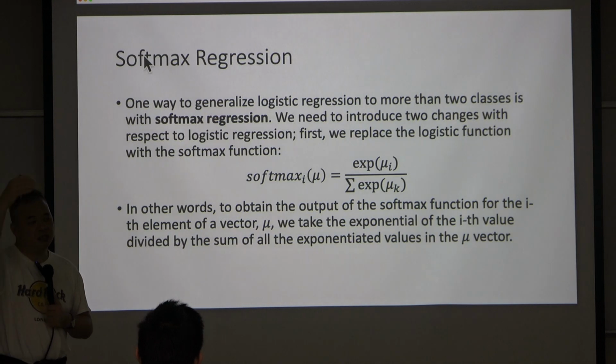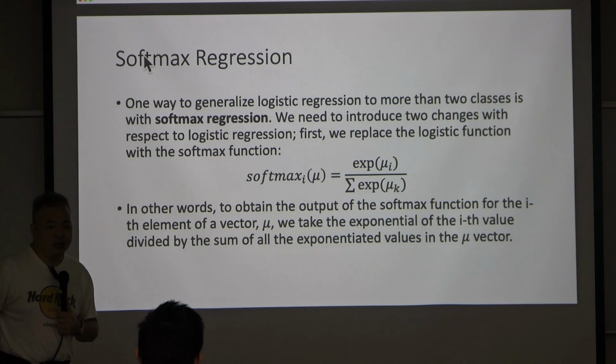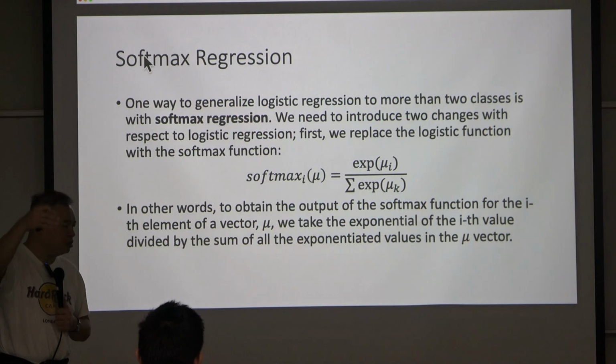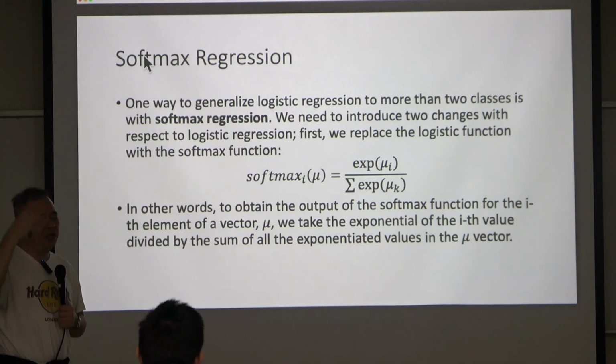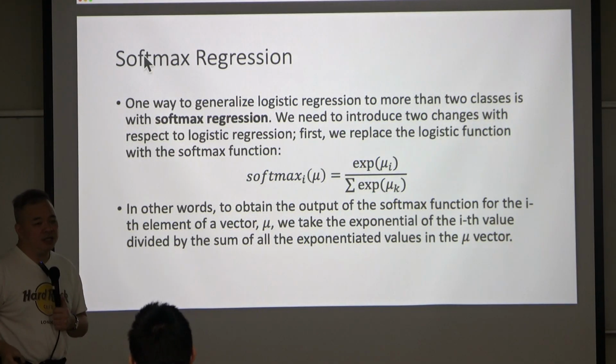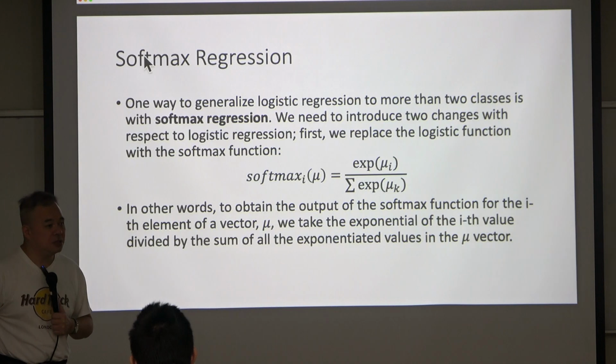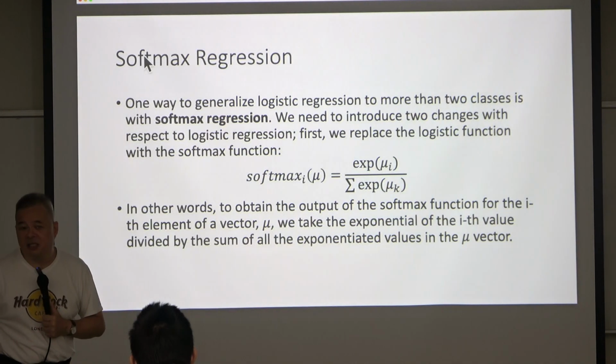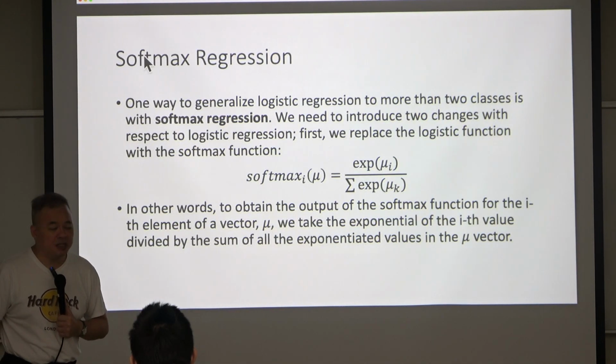No matter which mu i you are talking about, mu 1, mu 2, up to mu n, e to the power of mu i is going to be positive. It can never be negative.